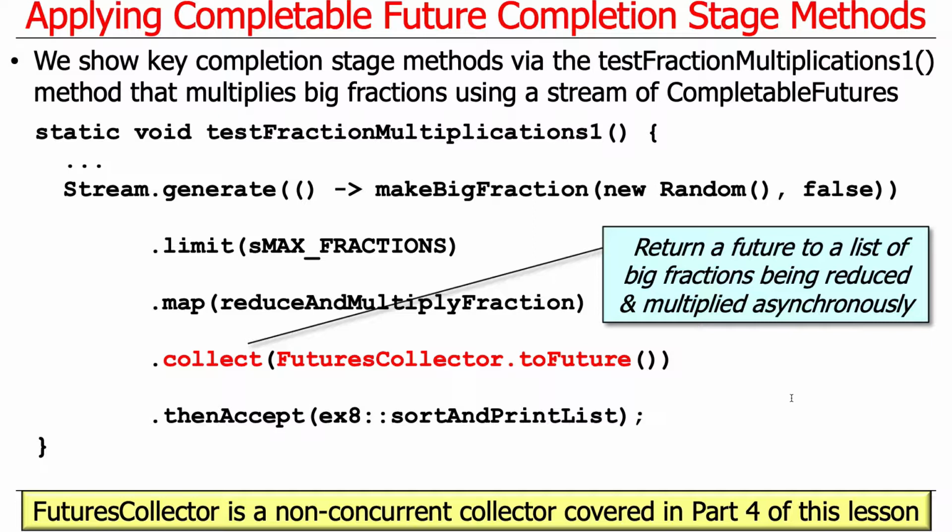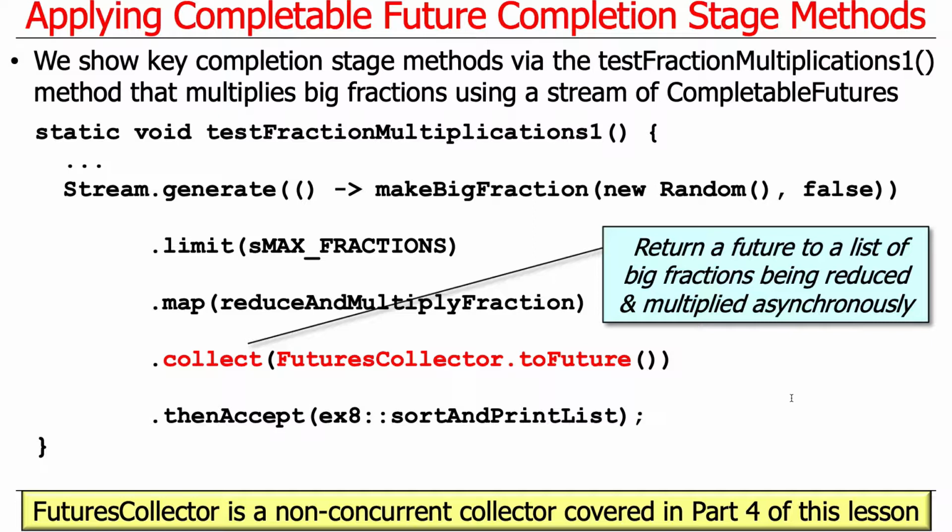So what we're going to do here is we're going to use a really cool futures collector, which is going to take a stream of completable futures as input, and it's going to return a single completable future that will trigger when all of the other completable futures are done.